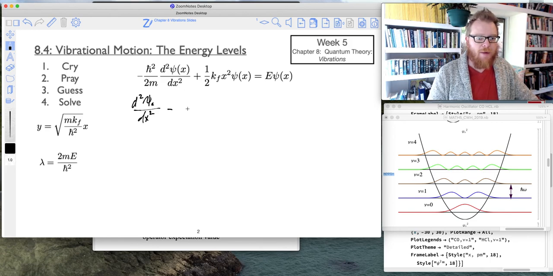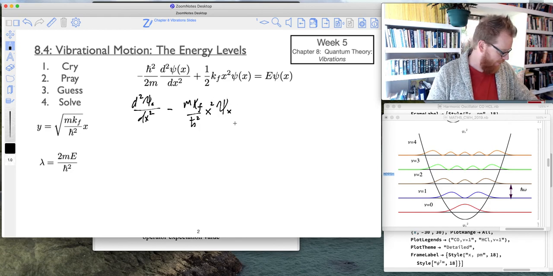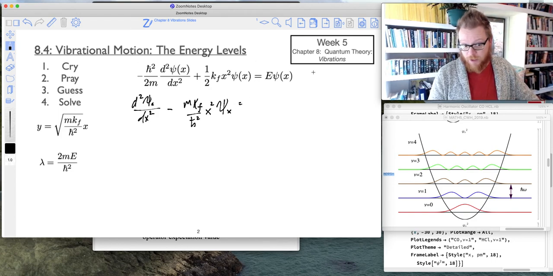So now it's going to be minus m kf over h bar squared times x squared times psi of x, okay? And then now I'll show you that all of that equals, because remember I multiplied through the negative 2m over h bar squared all the way through.